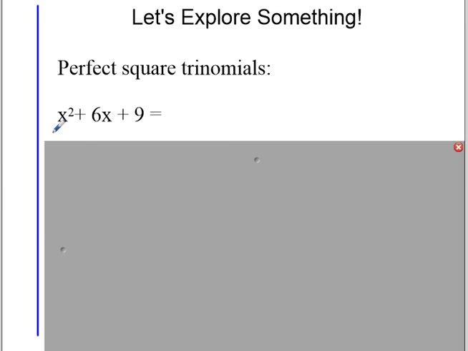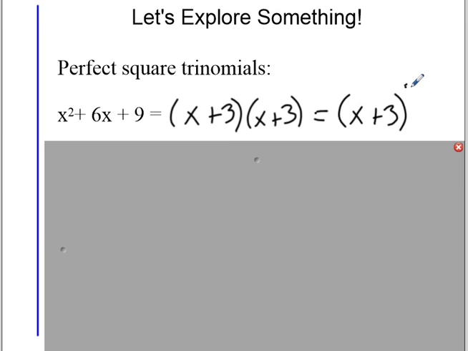So if you were to factor x squared plus 6x plus 9, you should end up with an x plus 3 and an x plus 3. Now, why is this a perfect square? Because another way to write x plus 3 times x plus 3 is x plus 3 squared. So we call x squared plus 6x plus 9 a perfect square trinomial because it comes from x plus 3 squared.